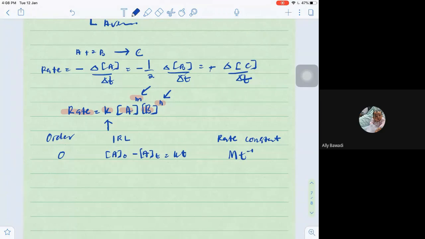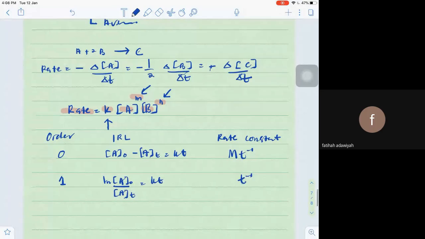If we have a first order reaction, the integrated rate law will be what, Nur Fatihah Adawiyah? Ln A naught over A T equals to K T. And then the unit for the rate constant is time -1.